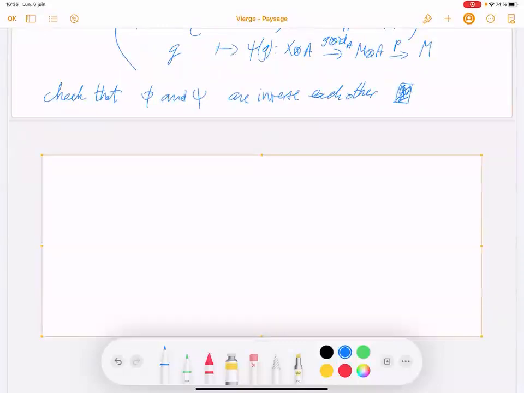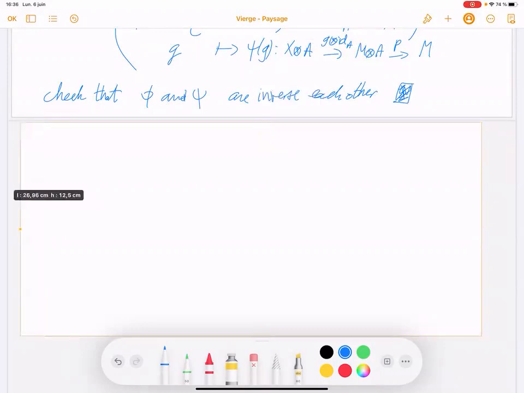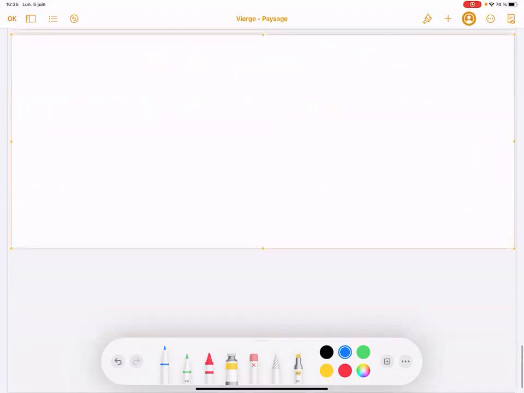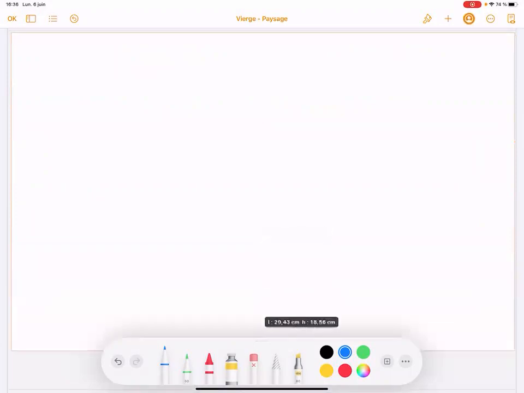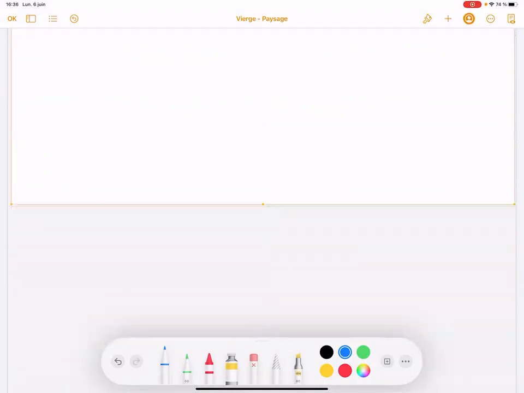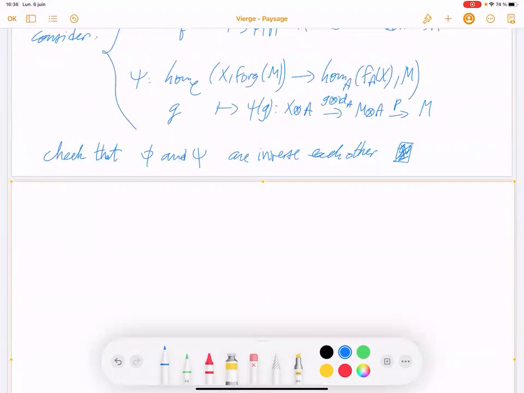So from now on, we will identify M and Forget M. When we say M, we say it's a module, and Forget M is just an object.